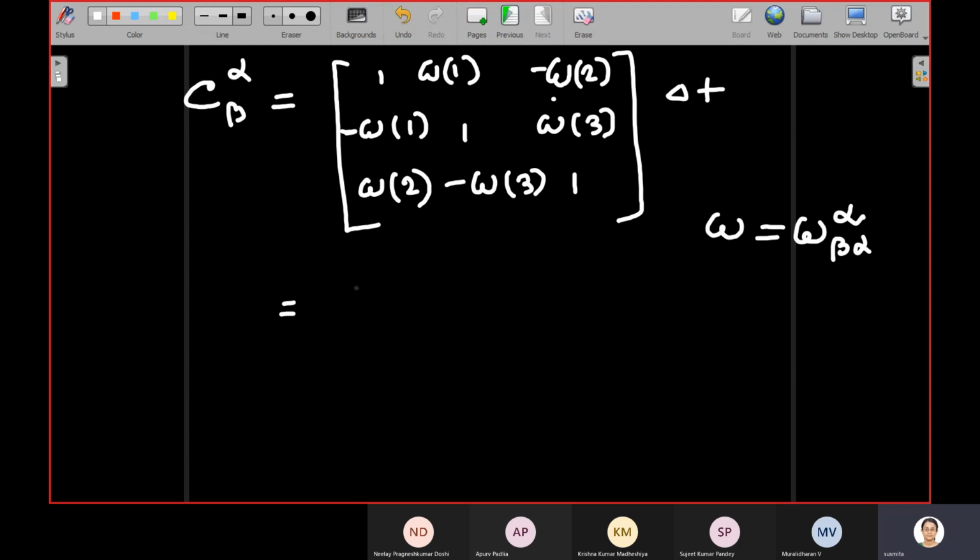This we can write as, so this is the expression we are getting for small angles.